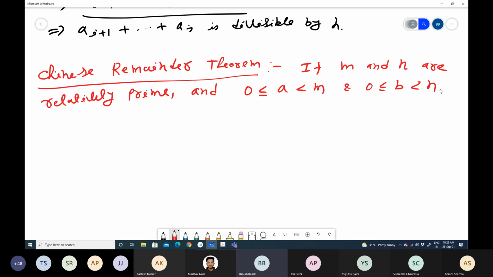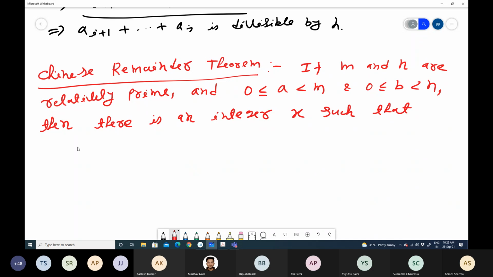Now this theorem says there is an integer x such that x is equal to a mod m, and x is equal to b mod n.